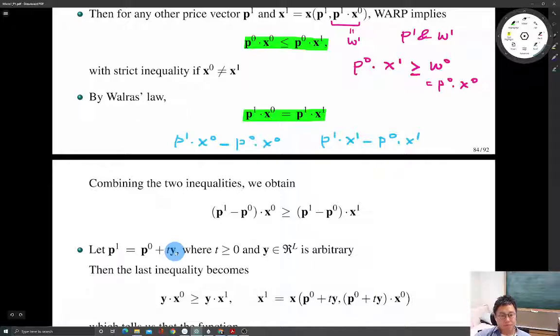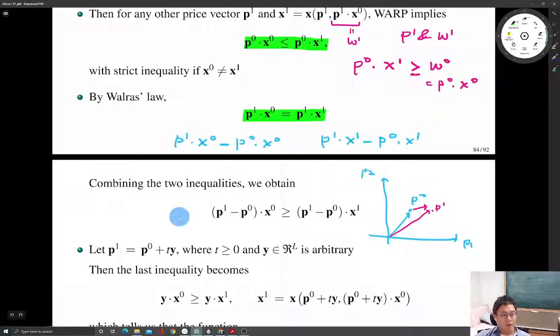That means, in the price space of P1 and P2 in the case of two commodities, if this is P0, I'm going to slightly change this vector to P1 in the direction of vector y, and the size of this change is going to be t. So the new vector P1 is going to be this one.